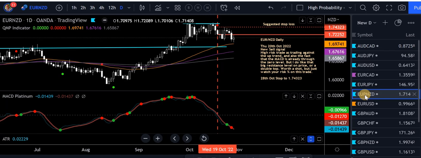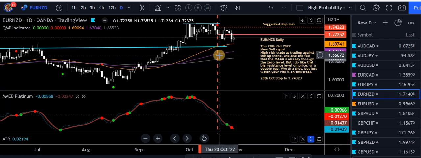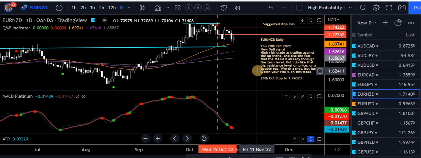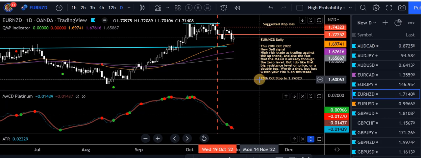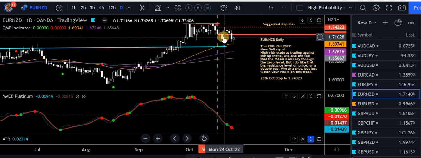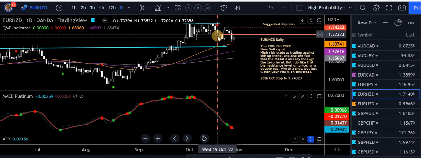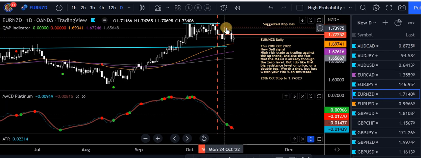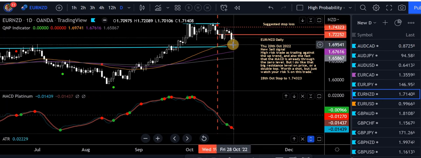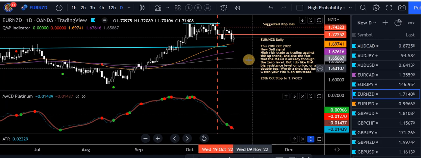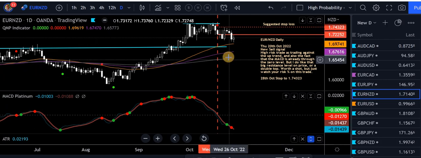Euro New Zealand in a sell here. All I've done on this is the stop was above the highs here. It's dropped down a bit and it's had this big pullback that's dropped down again. I've just dragged my stop down on the 28th, so it's a Friday, I think. Yeah, yesterday.